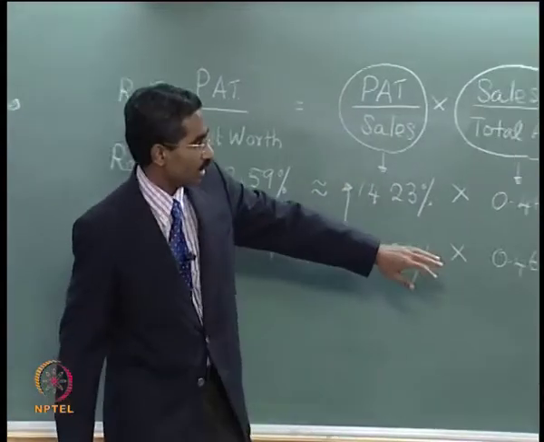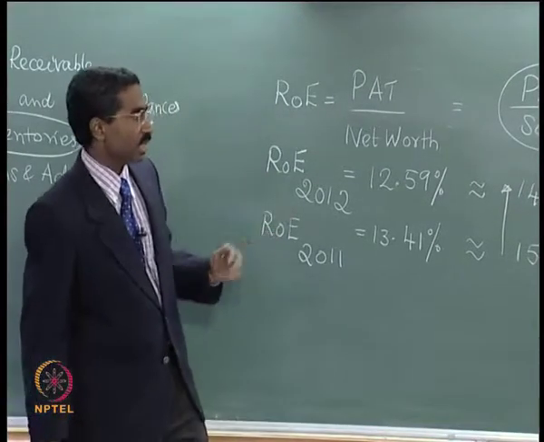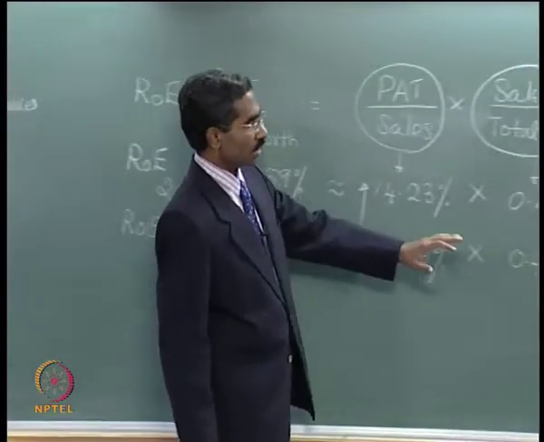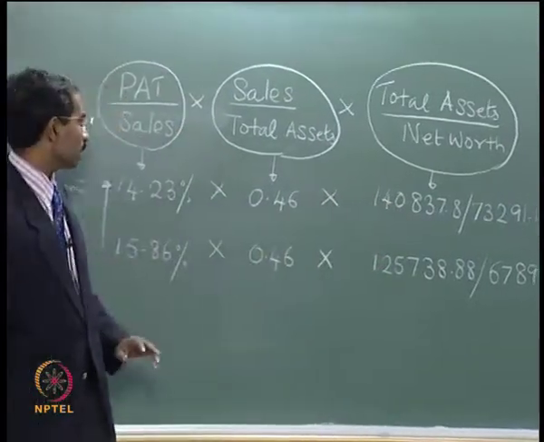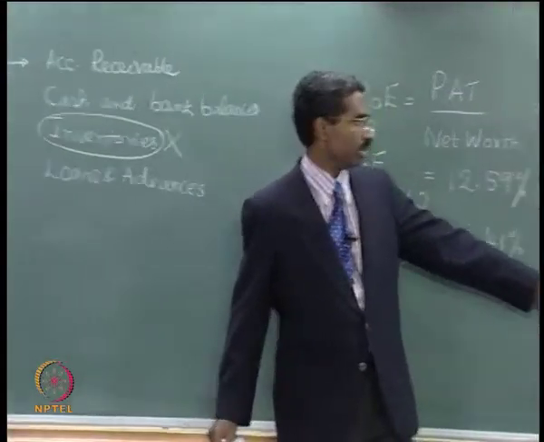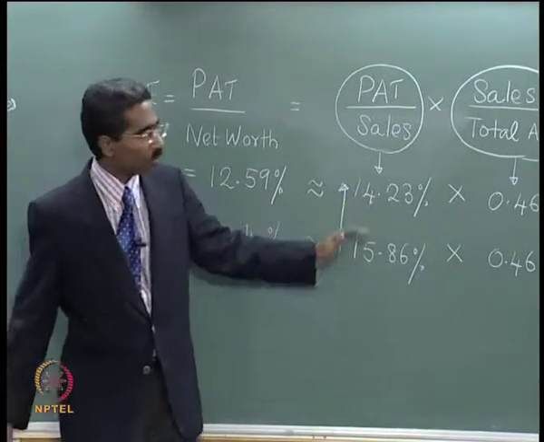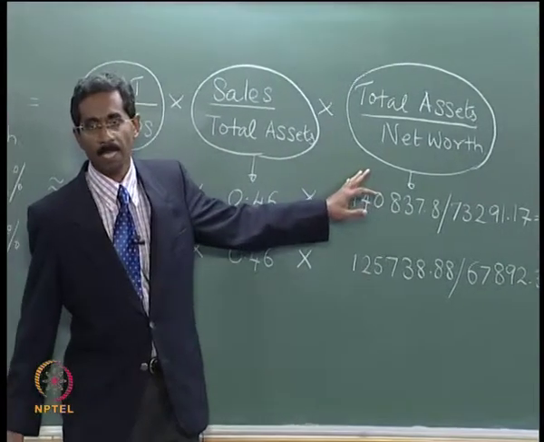But despite that increase, there is a reduction in your return on equity. So this simply indicates that this increase in the leverage multiplier did not adequately compensate for the decrease in your net profit margin. The net profit margin has decreased more than the increase in your leverage multiplier.